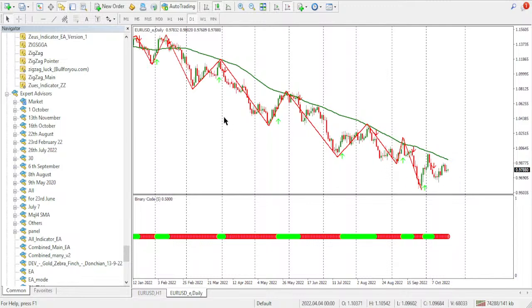So we expect that if you pick a sell position, maybe from around this area, you should have your stop loss above the high of this candle.